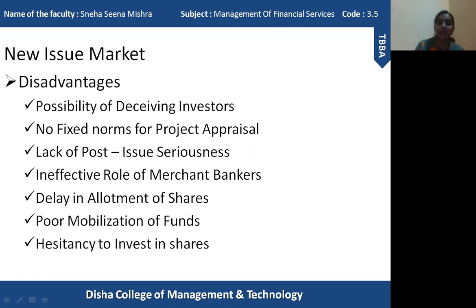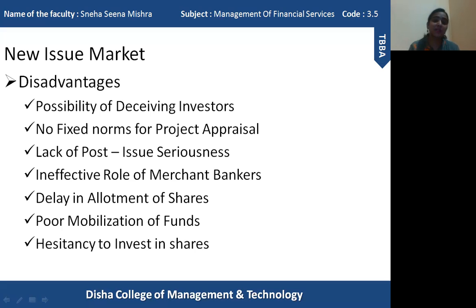Because the merchant bankers do not play their role properly and efficiently, many investors face problems, and even feel cheated that the organization has cheated them by not disclosing certain elements of the subscription, certain elements of the securities. So that discourages the investors from investing in any kind of security.